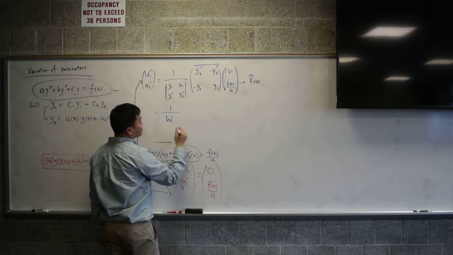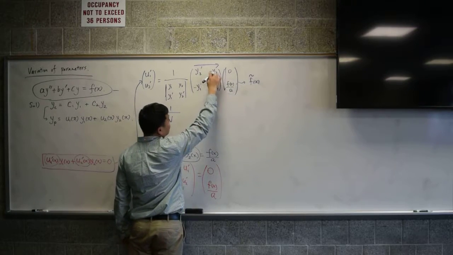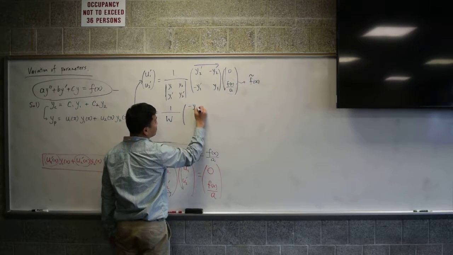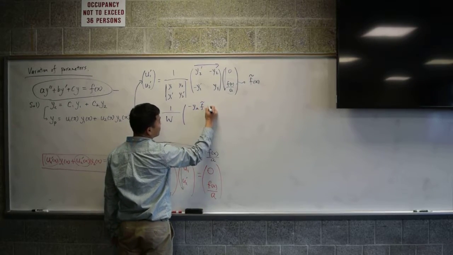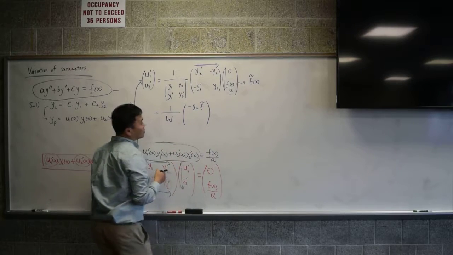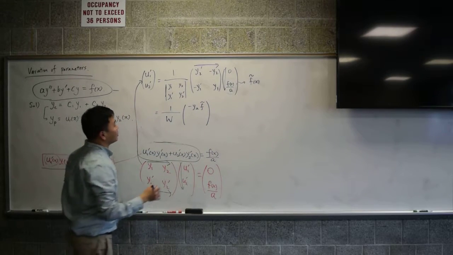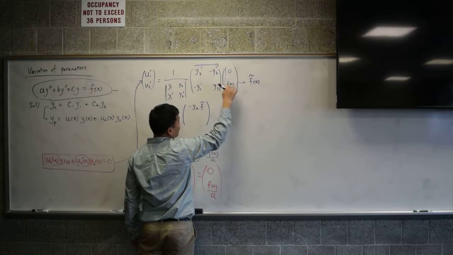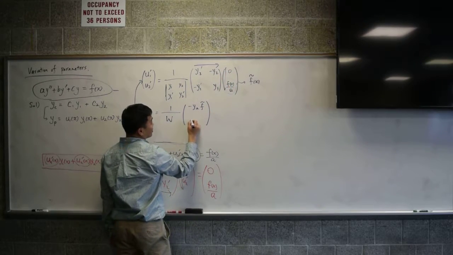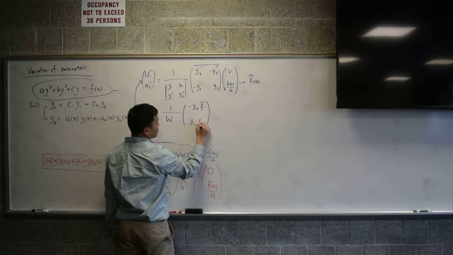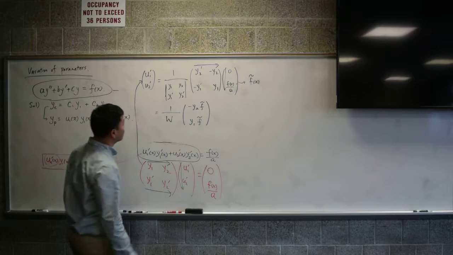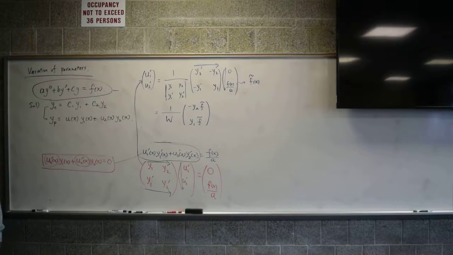So on the top you get negative y2 f tilde. And for this, 0 times this gives you 0, y1 times this, you get y1 times f tilde.